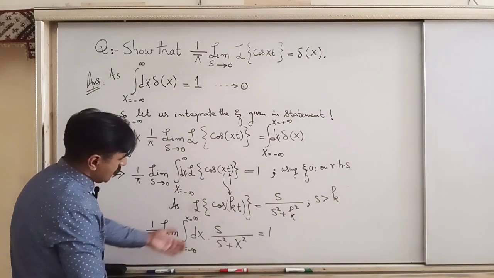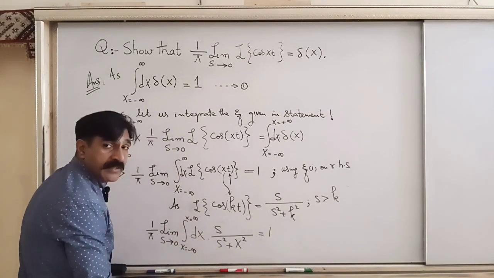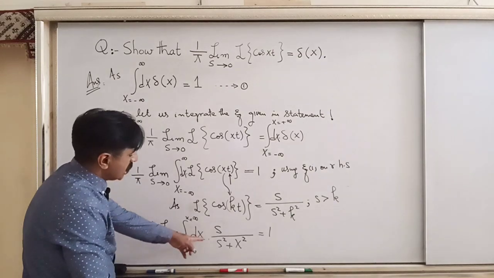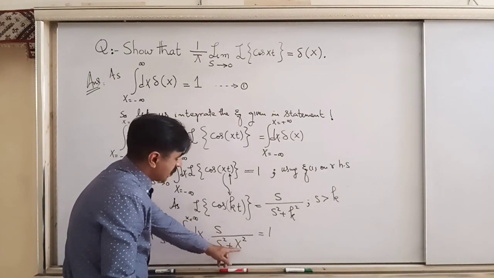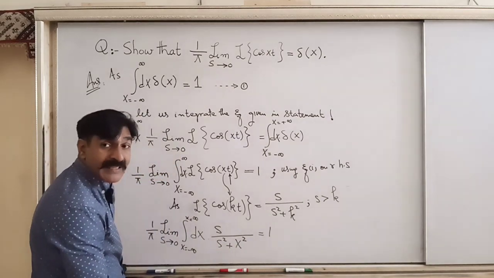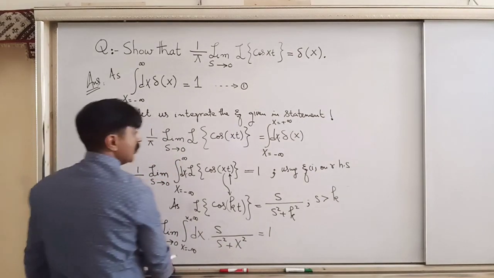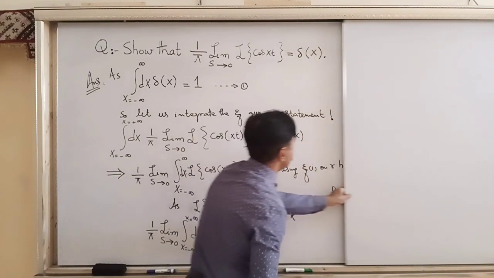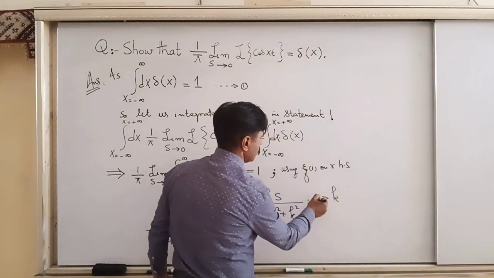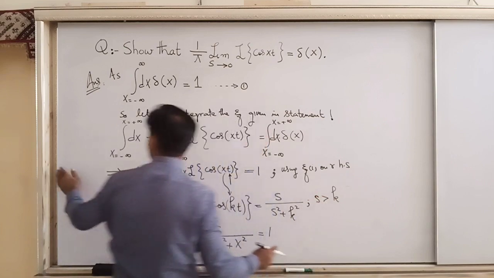Okay, now this is an integral, and it is a standard integral, 1 over s square plus x square, which is 1 over s into tangent inverse x over s. So let's use it here on the other board.